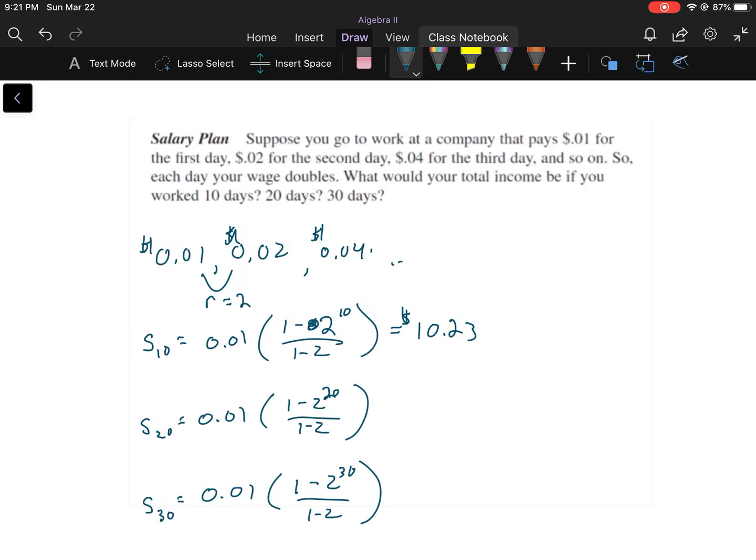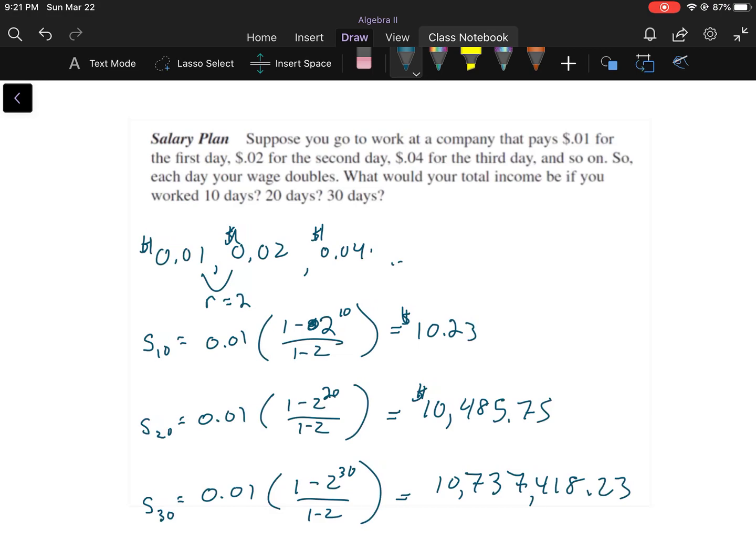Okay, 1 minus 2 raised to the 20th. Okay, divide that by -1 times 0.01, and you would have $10,485.75. Okay. Now, after 30 days, 1 minus 2 to the 30th, okay, times 0.01, and we've got $10,737,418.23.